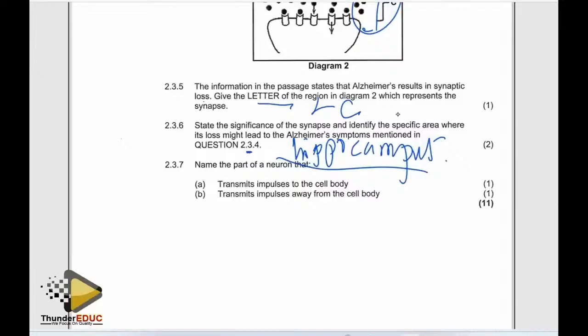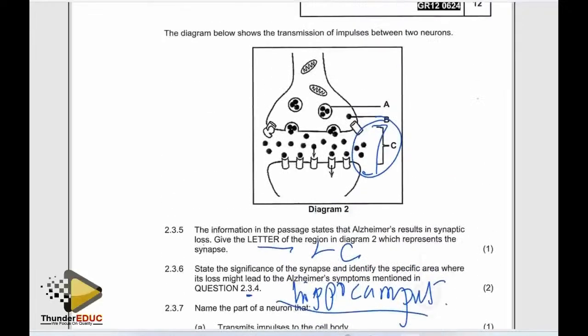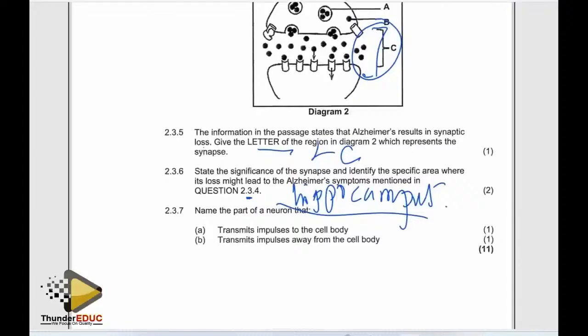Yes, the hippocampus can lead to Alzheimer's. And what is the hippocampus in layman's language, guys? It's just a region of the brain that is associated with primary memory. Because it's a part of memory, we can say cerebrum.